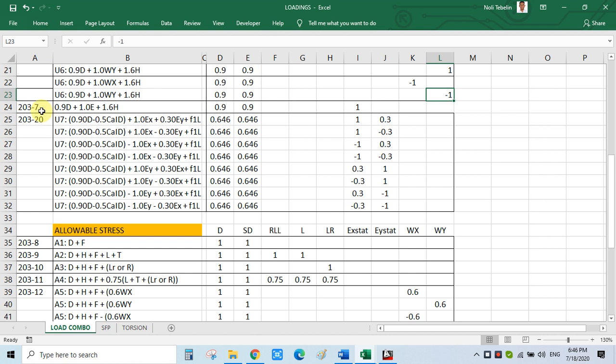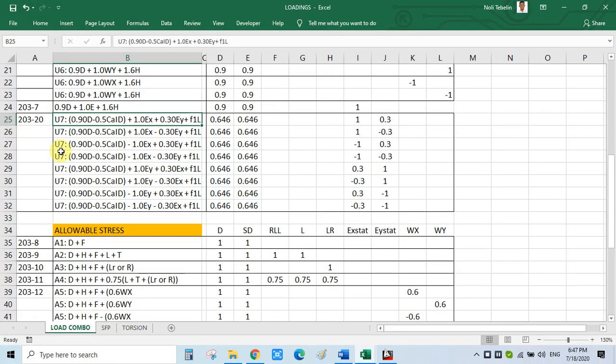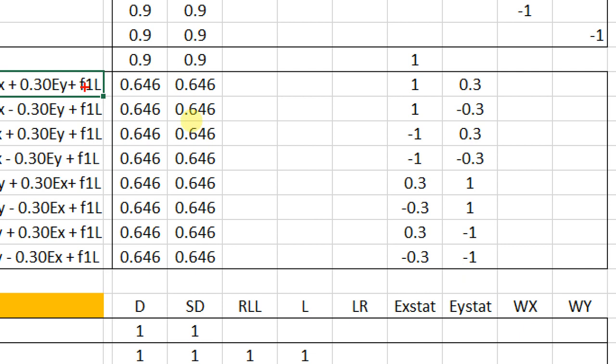0.9 dead, so 90% of dead load is used, minus 0.5 CAID, plus 1.0 earthquake, plus 30% earthquake along Y. Then, you will have a factor to the dead load of 0.646 self-weight plus 0.646 earthquake along X. So, nung na-minusan natin siya ng 0.5 CAID for the vertical effect, so ang dead load na lang natin na mag-a-act sa load combination ay 0.646.